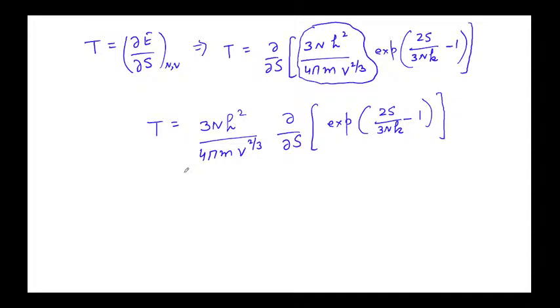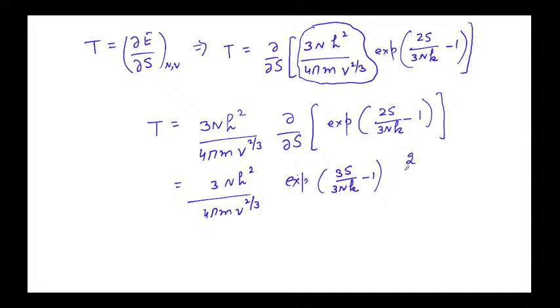So this we can write as 3nh² over 4πm V^(2/3). The derivative of the exponential function comes outside as it is, 2S over 3nk minus 1, and the derivative of the bracketed term is 2 over 3nk.